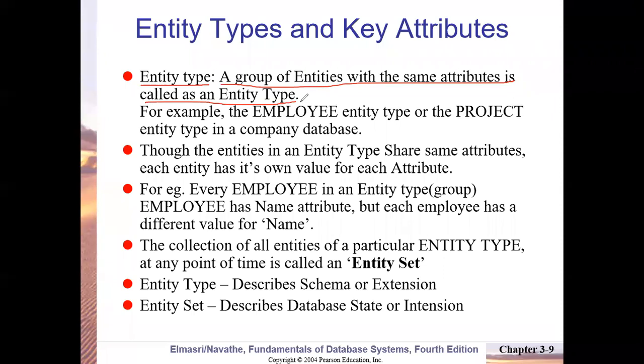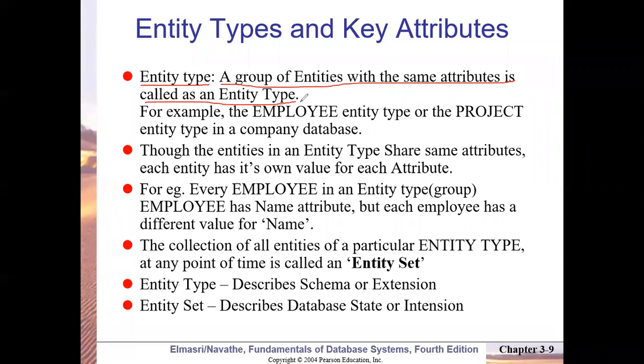Entity type is a group of entities with the same attributes, in the sense that they will have the same properties defined. Like any class whose every object will have the same properties defined for the class. Similarly, entity type is defined and attributes are set.